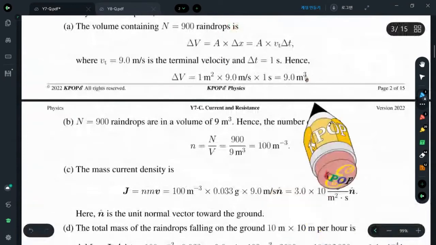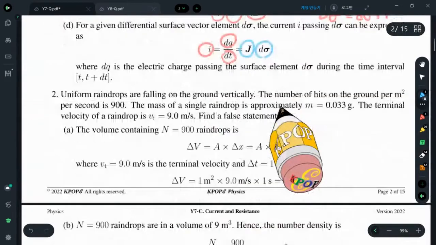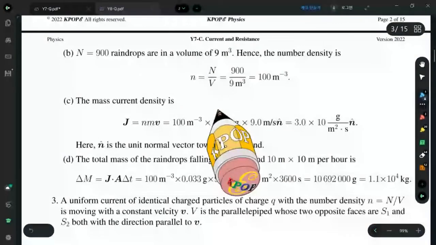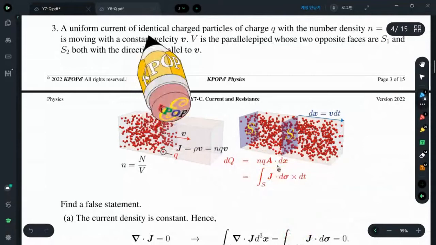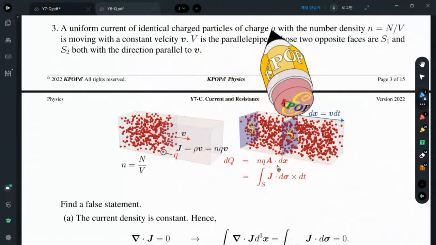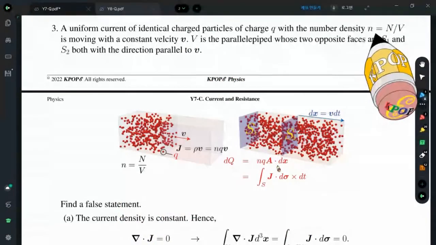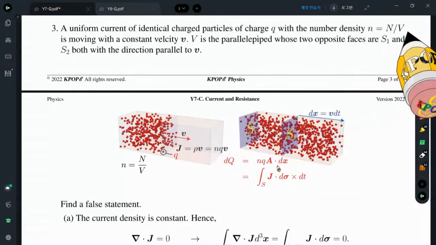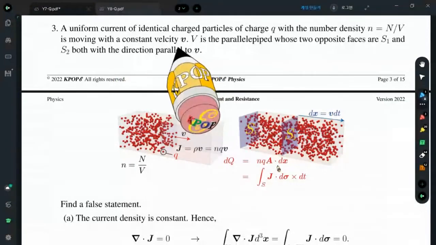So this is a trivial example. I think you can follow what's going on in here. Uniform current of identical charged particles, each of charge q with the number density small n, is moving with a constant velocity small v.